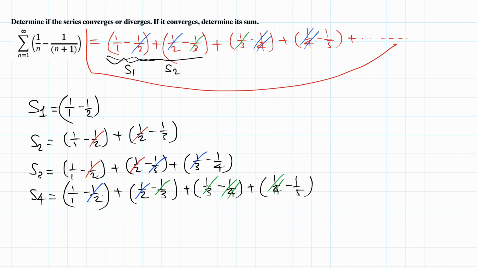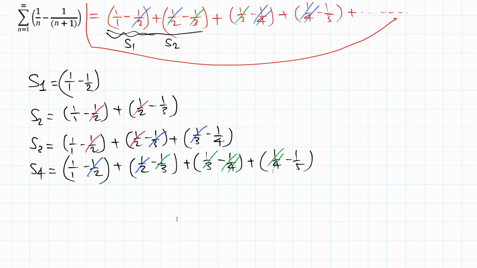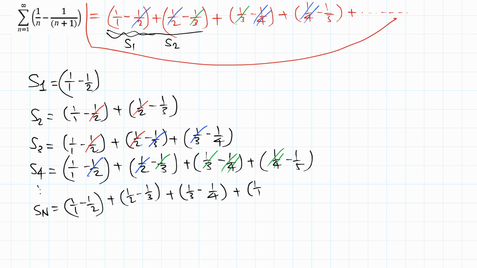That means if we keep writing in this way, we'll see only the first term and the last term survive. So what is Sn? That is the sum of the first n terms. N could be 20 or 50 or 5 or 200, I don't know. We can see only the first term. We can write it like this: 1 over 1 minus 1 over 2, 1 over 2 minus 1 over 3, 1 over 3 minus 1 over 4, 1 over 4 minus 1 over 5, and keep going.